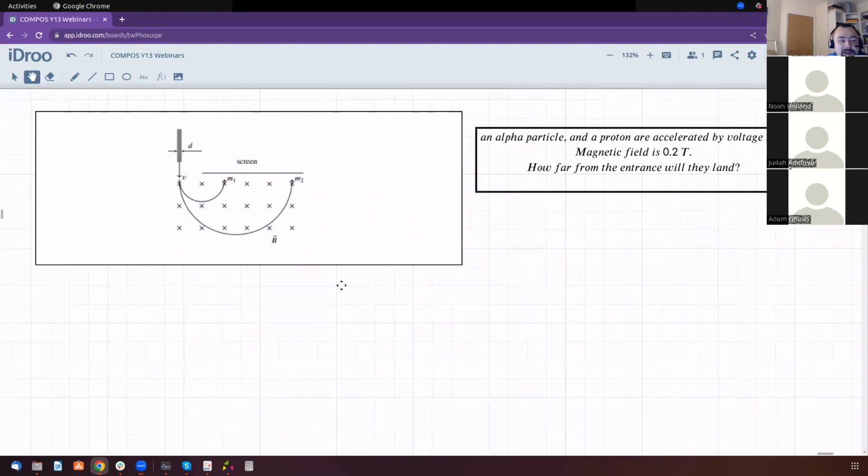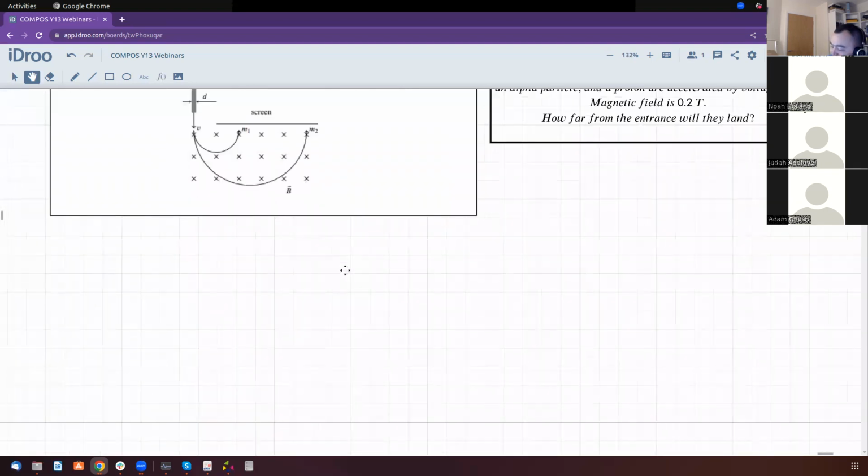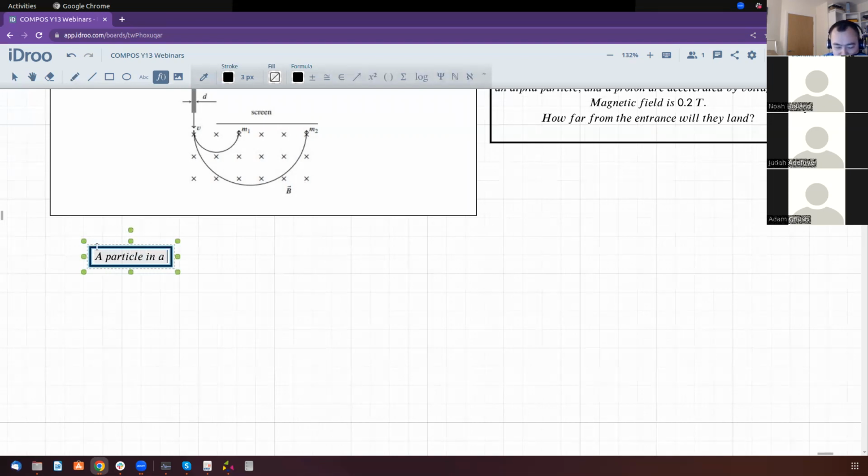Okay, so a particle in a magnetic field, we already know, experiences a force. F equals QVB.